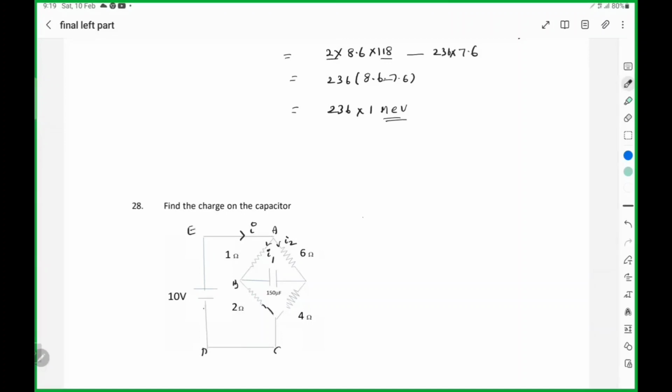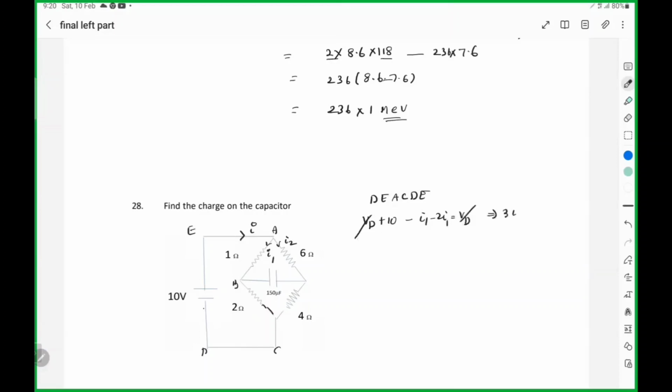So here it is VD plus 10. If I consider DE, AC, VD plus 10 minus resistance, applying Kirchhoff's law, I1 minus 2I1 is equal to VD.